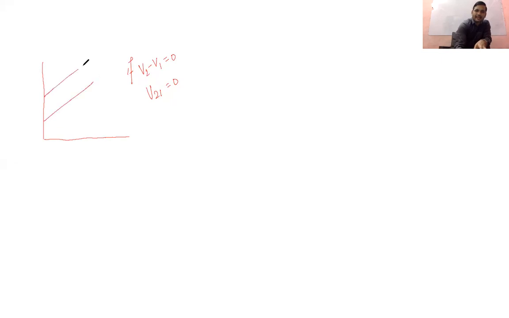Position is on one axis and time on the other, let's say x1 of t and x2 of t. In this case, both have the same velocity, so the relative velocity of these two is 0. Both are moving in the same direction.